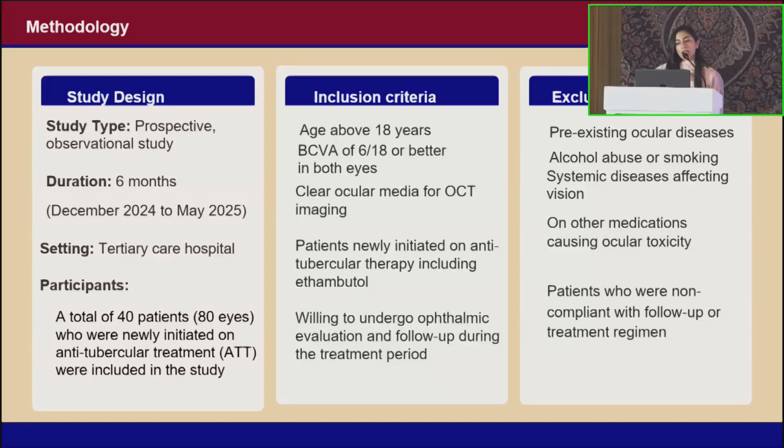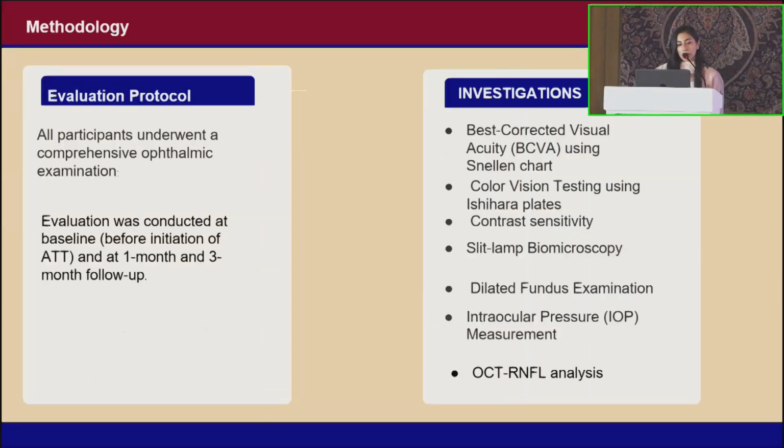The exclusion criteria were any condition which could affect the RNFL, that is any pre-existing ocular condition, alcohol or smoking, systemic condition affecting vision, other ocular medications causing ocular toxicity, or patients who were non-compliant.